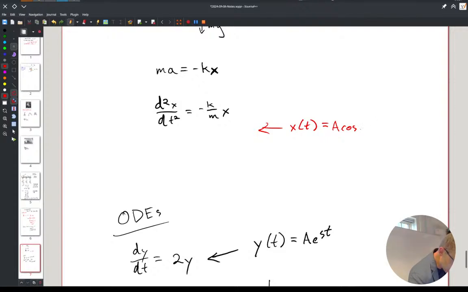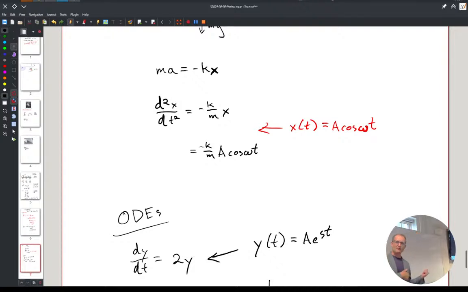I'm going to use a new thing, omega, just because omega is a good frequency designator. So let's try it out. What's the second derivative? Well, here, I know the right-hand side, right? Negative k over m times a times cosine omega t.